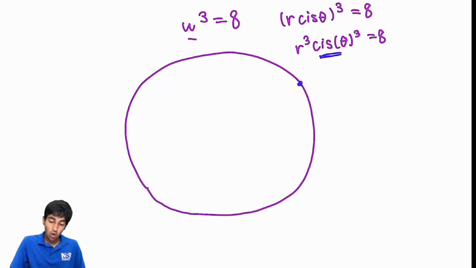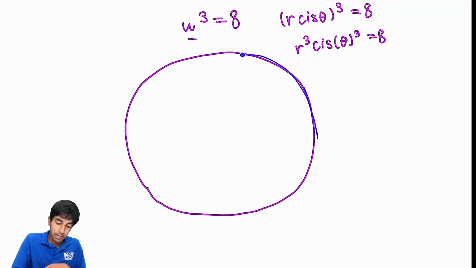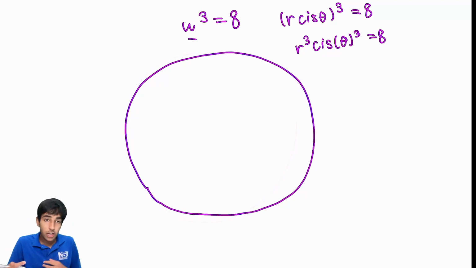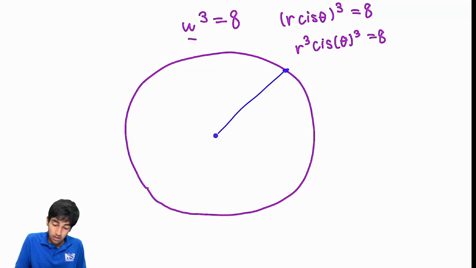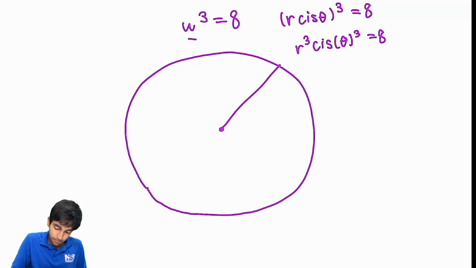So now here's the thing. This theta does not change the magnitude of the complex number. R is the magnitude. This theta is just rotating the complex number. It's not going to change how far away it is from the origin. So for w cubed to be 8 away from the origin, our point must be 2 away from the origin, because then we would have 8 cis theta cubed.